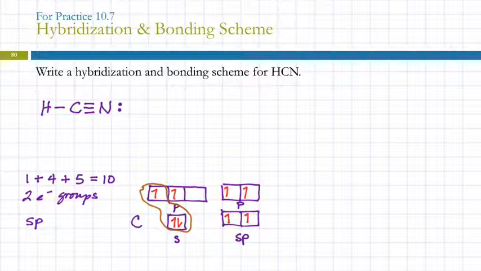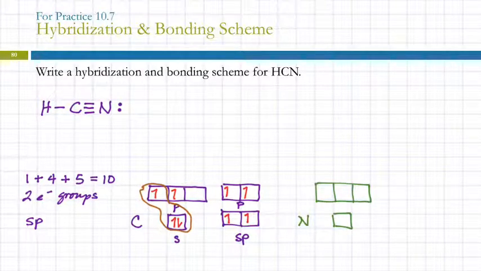And then let's draw the nitrogen over here. So the nitrogen we're going to assume is unhybridized. So it's got p orbitals and the s orbital, and we put the electrons in. It's got 5 valence electrons.